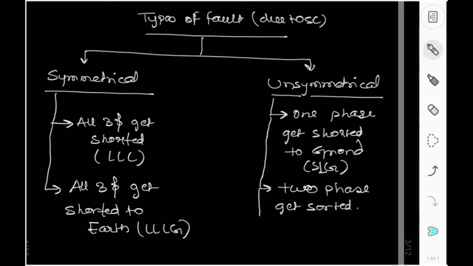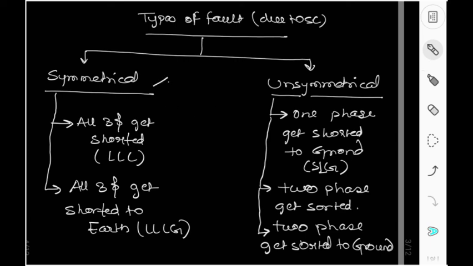If two phases get shorted, then the third phase will not experience the same fault condition, right? Next is when two phases get shorted to ground. In this condition also the third phase will not experience the same fault condition. So these are the types of fault.